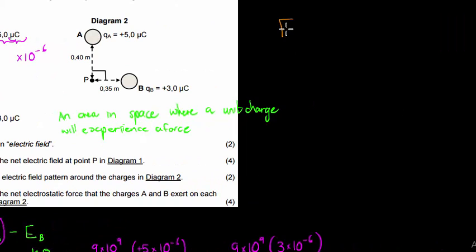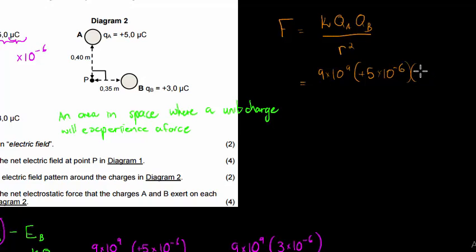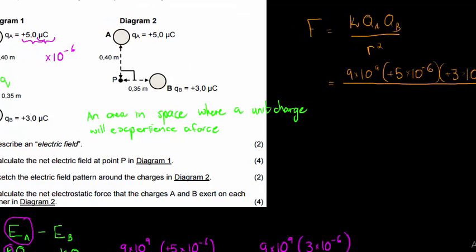So for example, force is equal to K times QA times QB divided by R squared, where K is 9 times 10 to the power of 9, QA is plus 5 times 10 to the power of negative 6, and QB is plus 3 times 10 to the power of negative 6. And now what is the distance between the two? That is now in diagram 2.